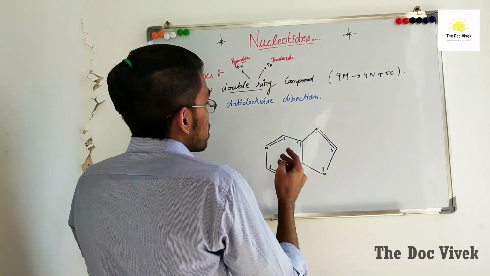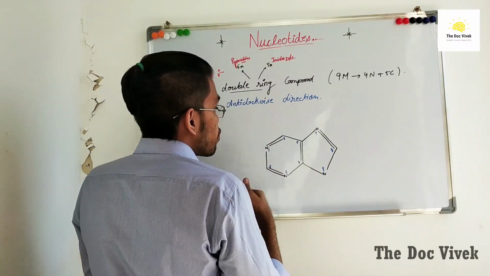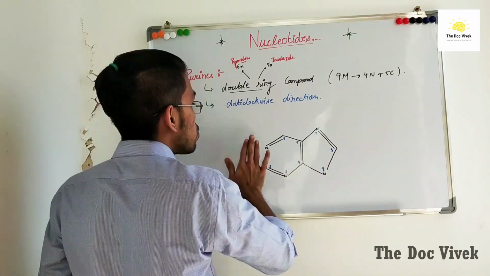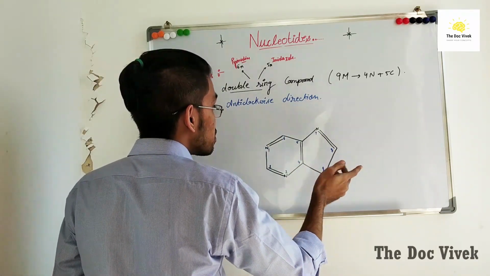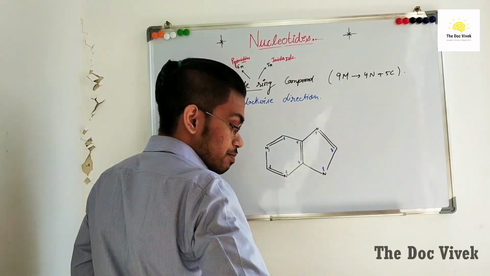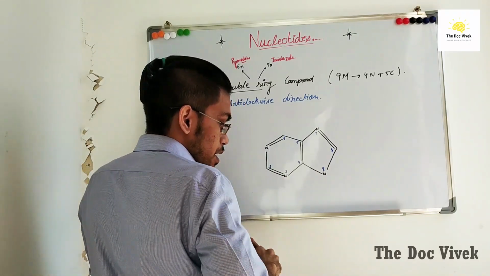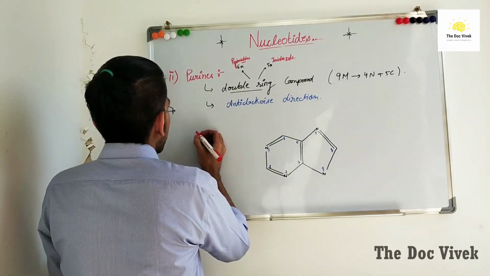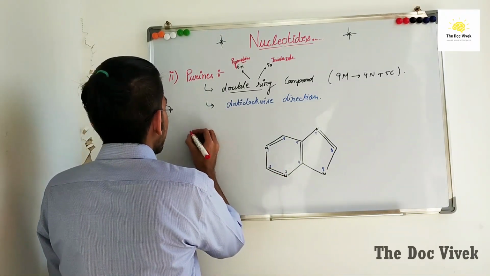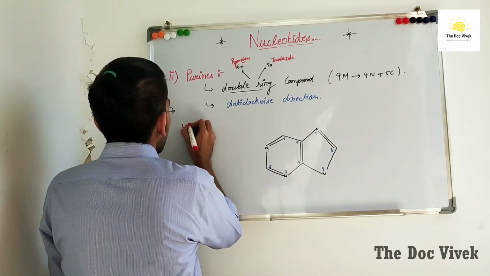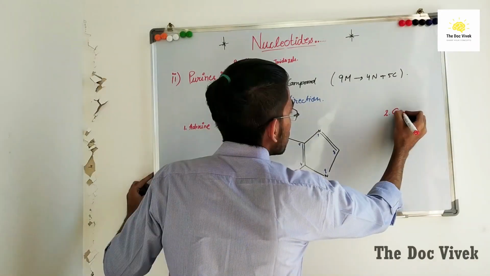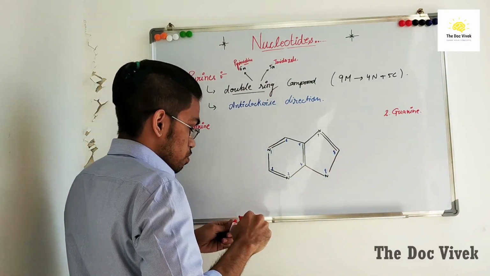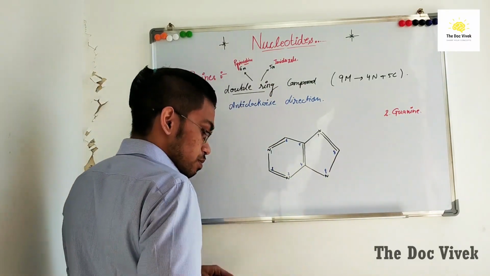Now according to different substituents on different positions, the purines are also of two types. First one is adenine and the second one is guanine.